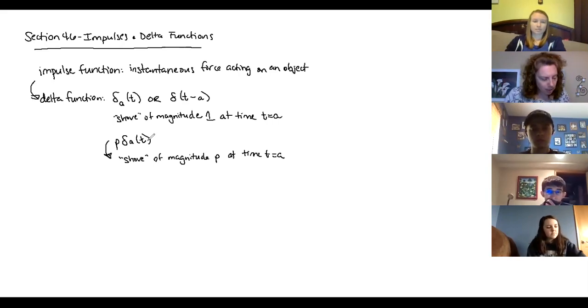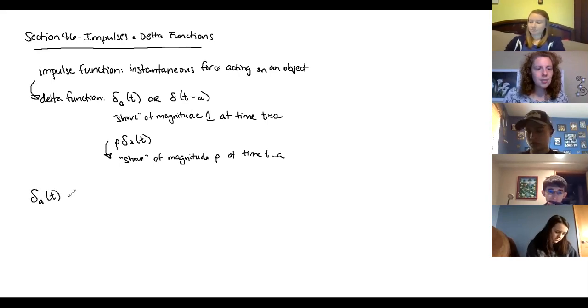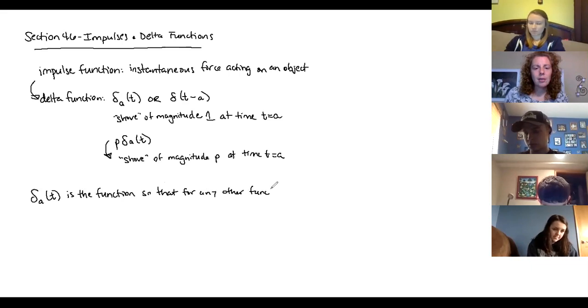Okay, so here's how this gets defined. Delta sub a of t is the function so that for any other function g of t, we have this relationship.